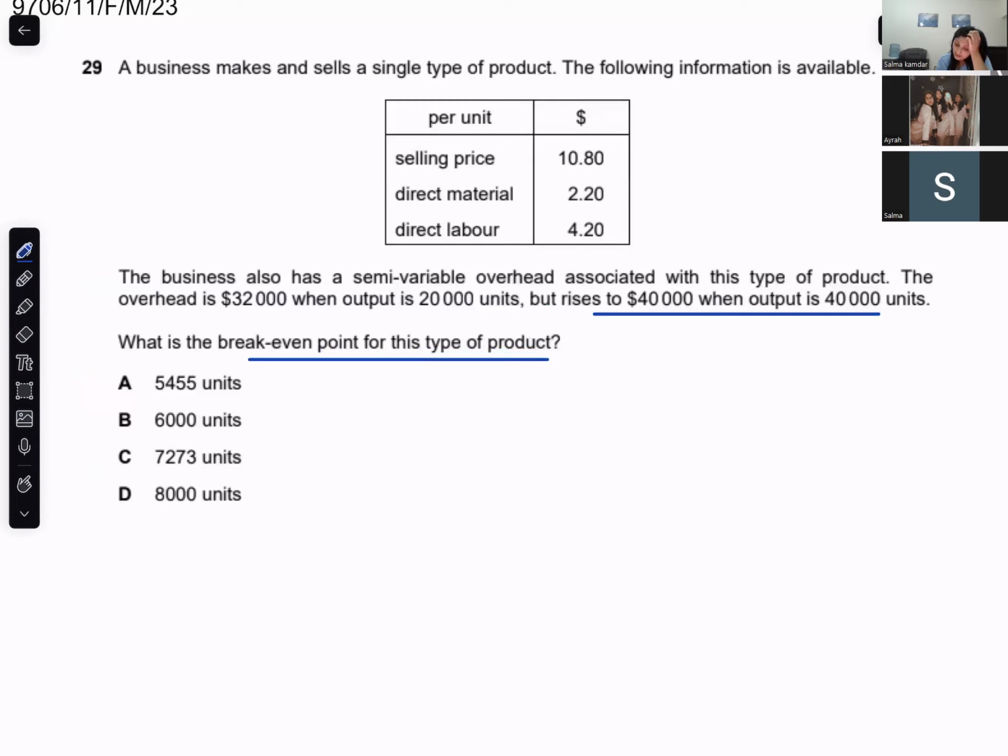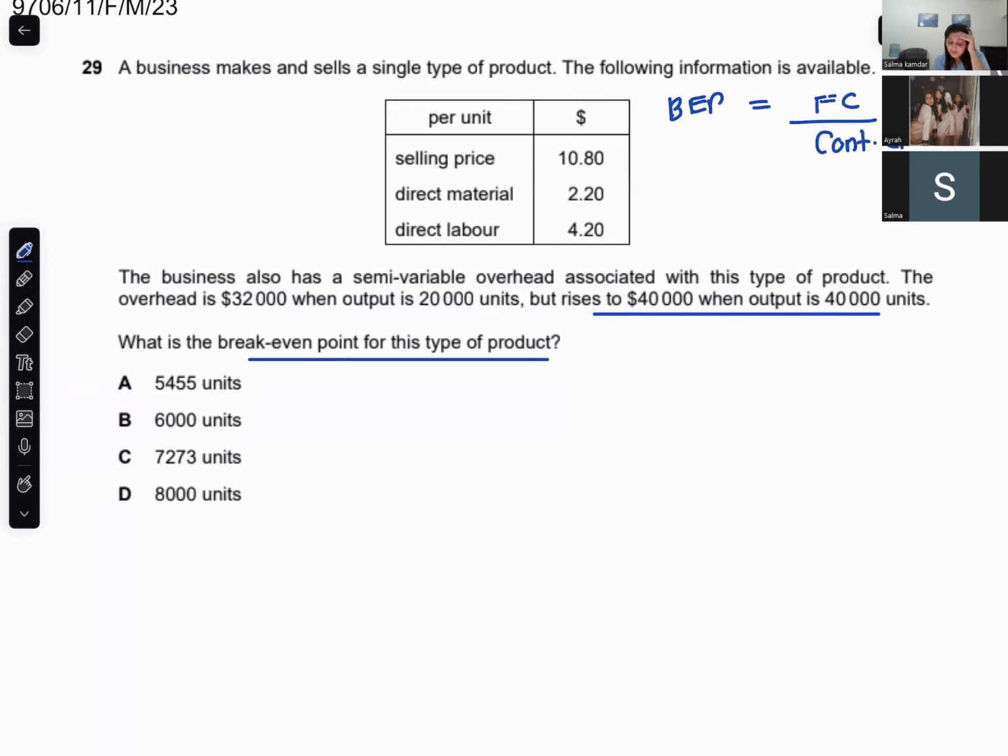What is the information available to you? The selling price and the variable cost. Okay, fine. You want to find the break-even point. To find the break-even point, what do you do? Fixed cost upon variable cost. No, contribution, sorry. Fixed cost divided by contribution per unit.